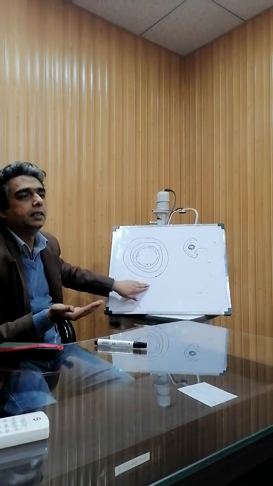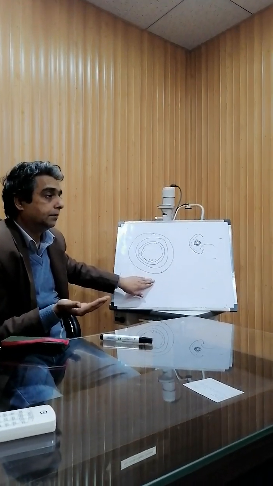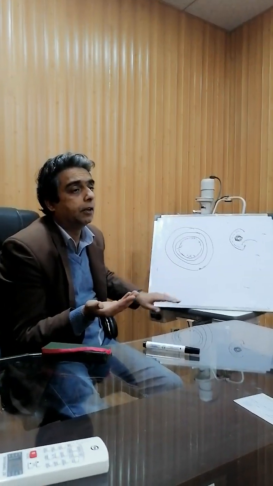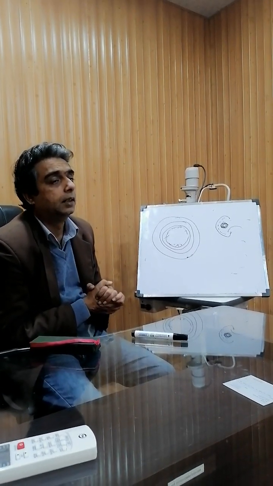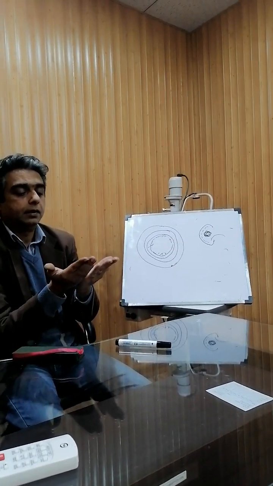So we need a small lens, but how can we put at least 5.5 millimeter of lens into the eye? So we use a foldable lens. The lens folds like this.